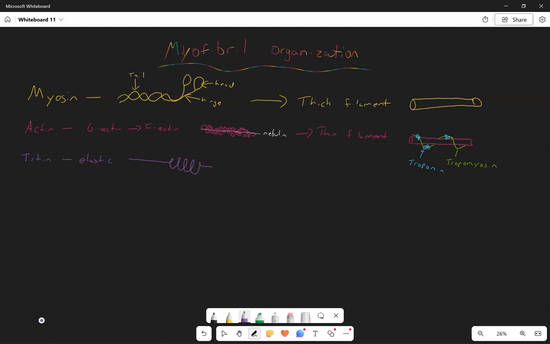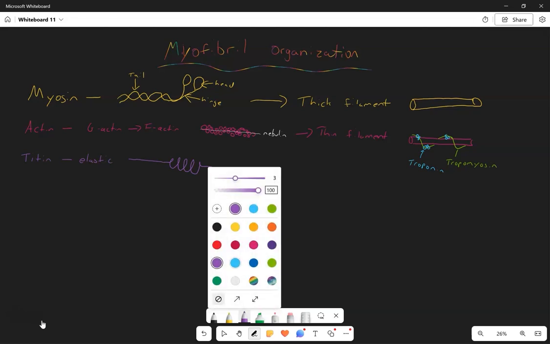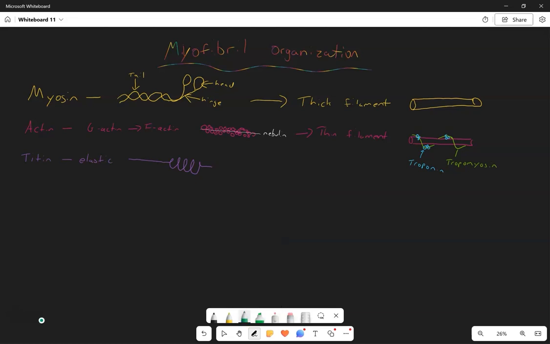And then the fourth big protein that's important, let's do this one in green. We don't have green yet. This is one known as dystrophin. Dystrophin is a filamentous protein, like so, that is involved in anchoring. So this is an anchoring protein.